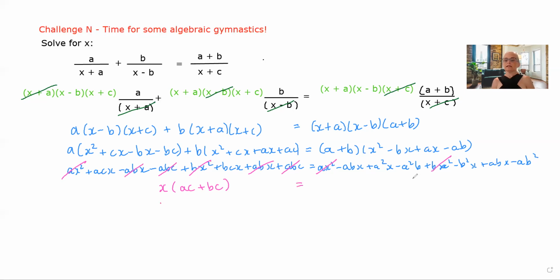So here, let's collect our terms. We have no x squared terms left. So we're just left with x terms and I guess you could say constant terms. These don't involve any x's. These would just be numbers. So with our x's, we've got here a squared minus b squared.